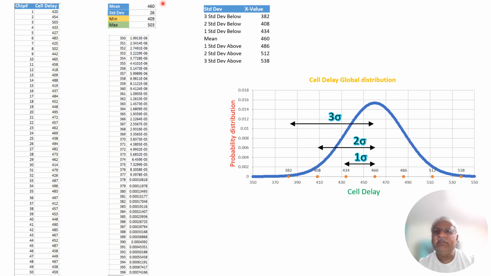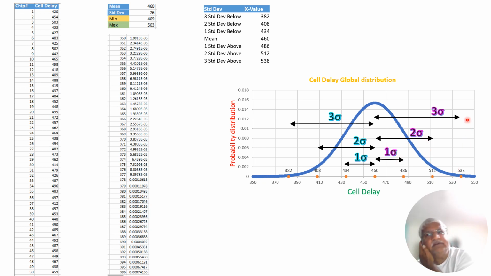And if you observe, the 1 sigma value is this far away, 2 sigma, that means this point is 2 times the sigma away from the mean. This point is 3 times the sigma away. Similarly, on the higher side, this point is 1 sigma away, this point is 2 sigma away, and each point represents the probability distribution.